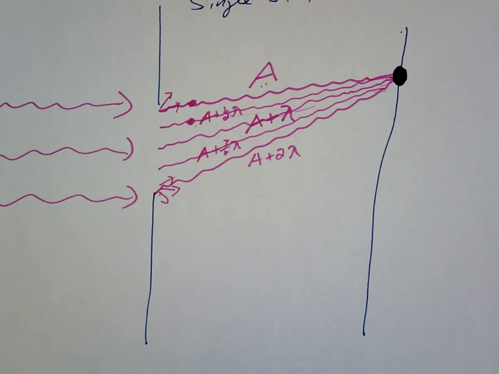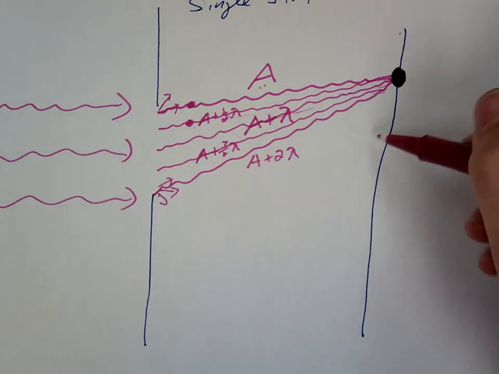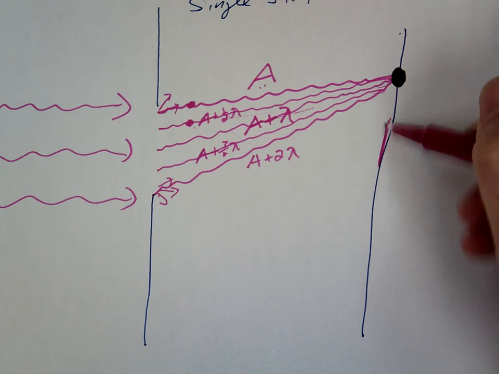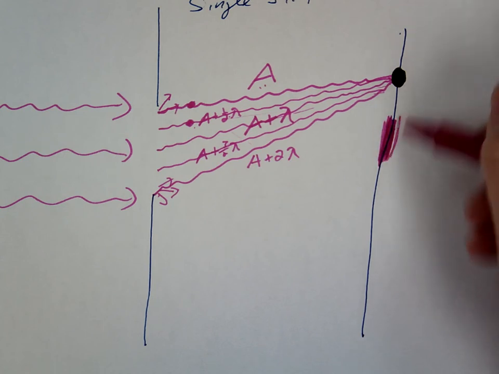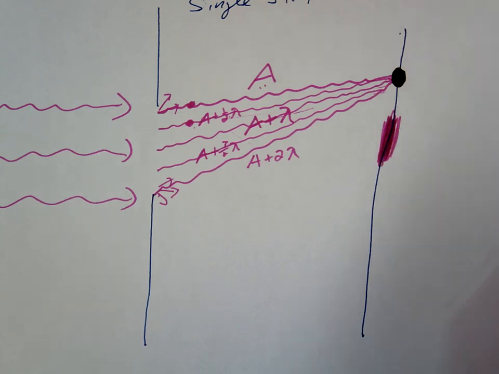Could we do it with another set of beams? What's going to happen right down the middle? Well, right down the middle, you're going to clearly get a bunch of bright spots. They're all going to interfere constructively.